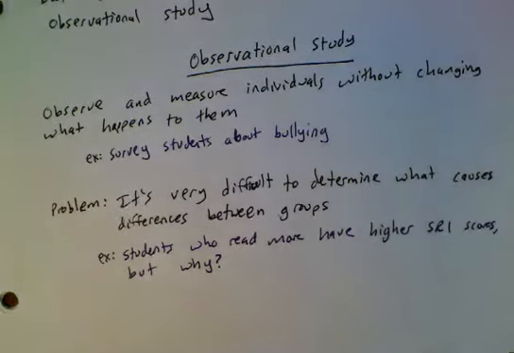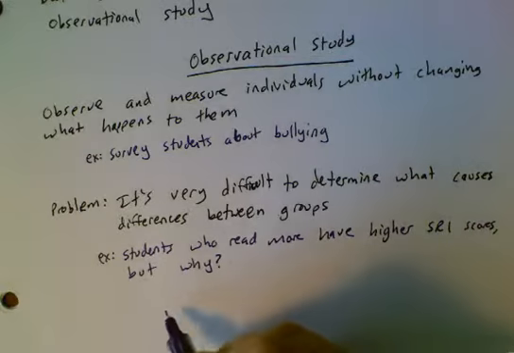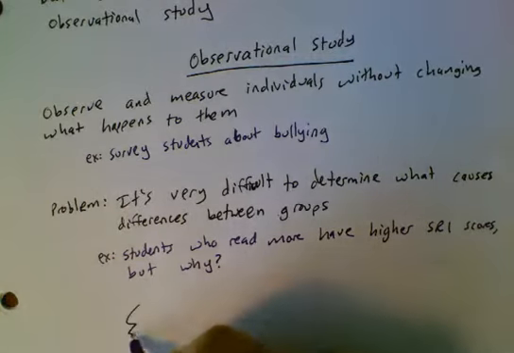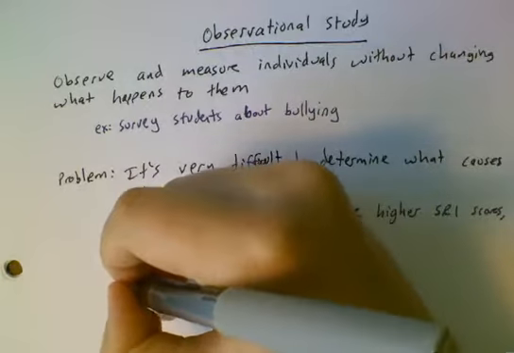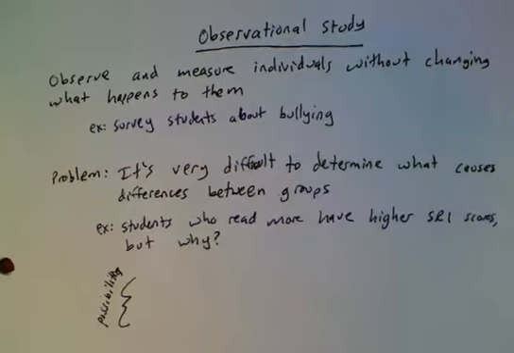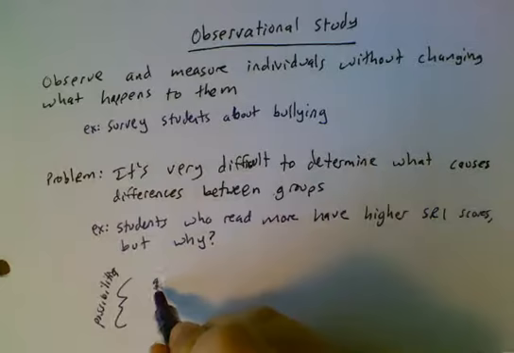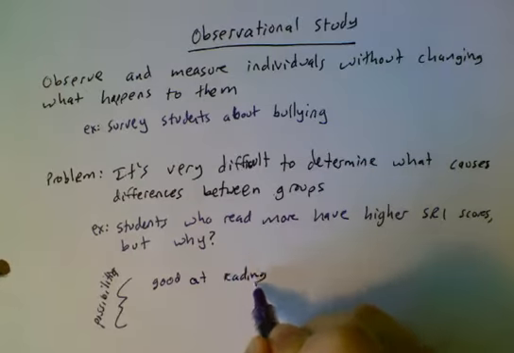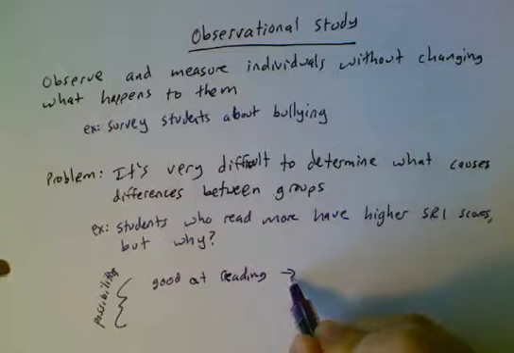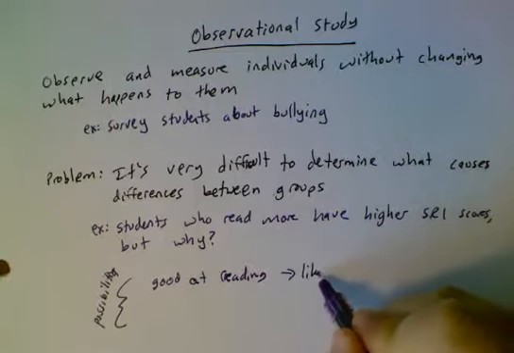And in this case, there are several possible answers. So, just as some possibilities: maybe it's the case that students who are good at reading like it more, and so do more of it.